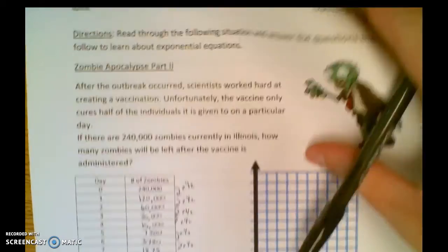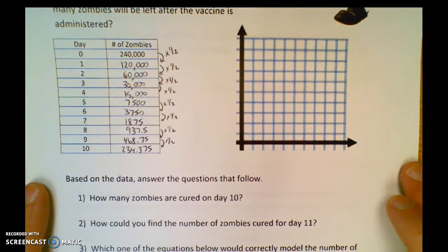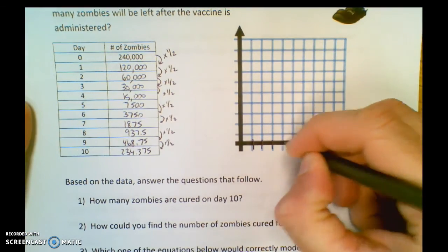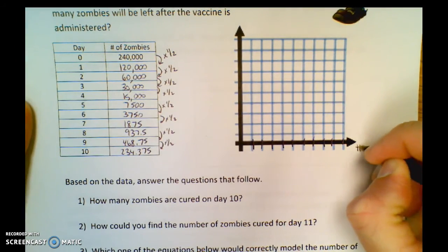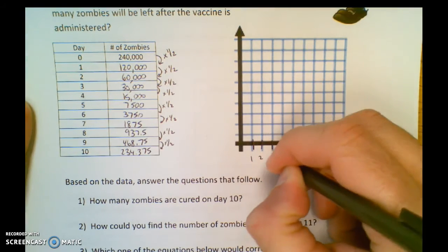Alright, so just like last time, we'll graph our data and then we'll take a look at the graph that forms. So the x-axis will be the number of days. There's 10 of them.